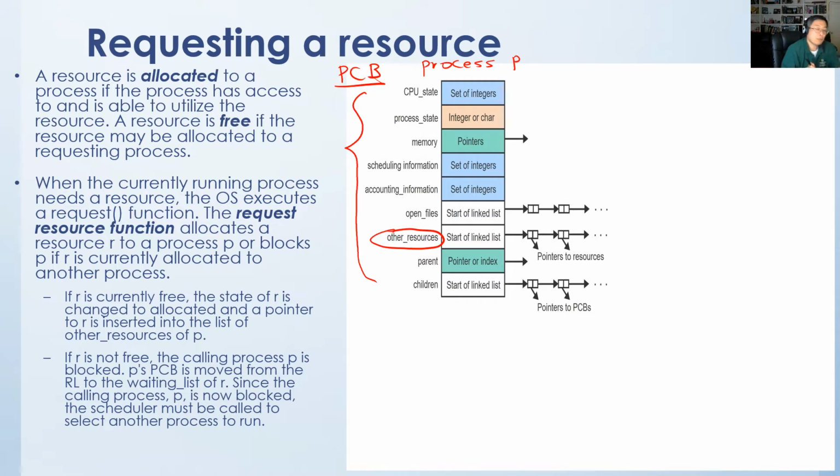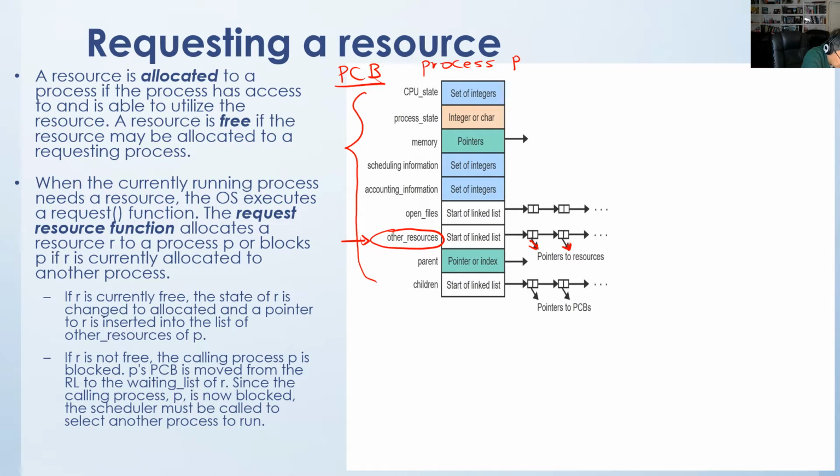When a process deals with resources, that's the field we need to pay attention to. This is actually a linked list which points to the resources that this particular process is allocated.